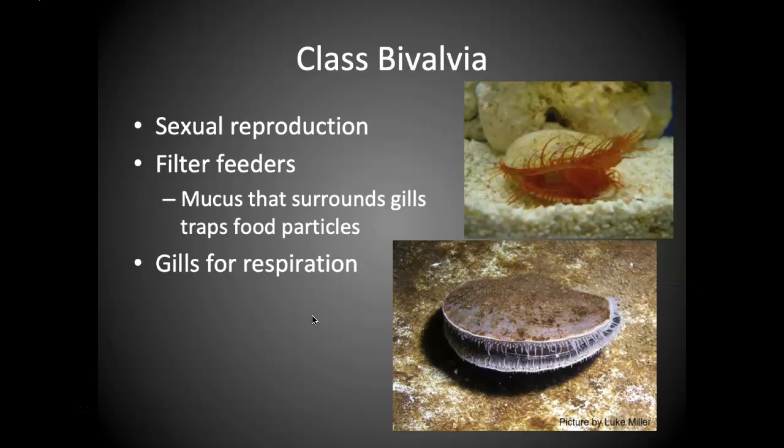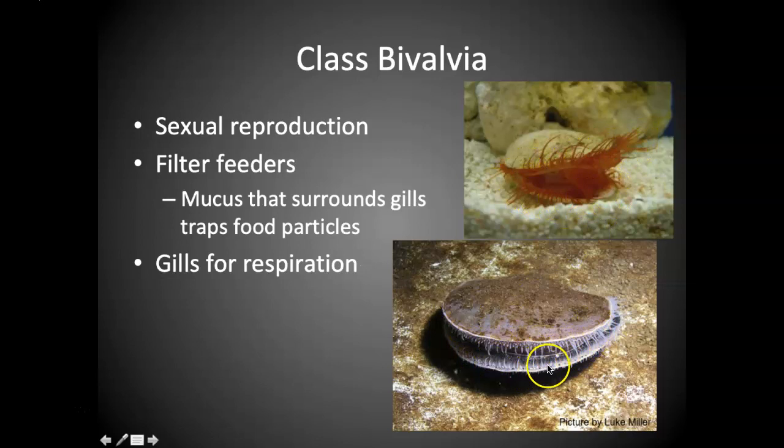They will also rely on filtering nutrients out of the water. And they do such a good job at this that they can actually clear up a lot of dirty water by taking out the nutrients and eating them. They rely on these little eyelash structures. You can see it in the pictures on both the top and the bottom.